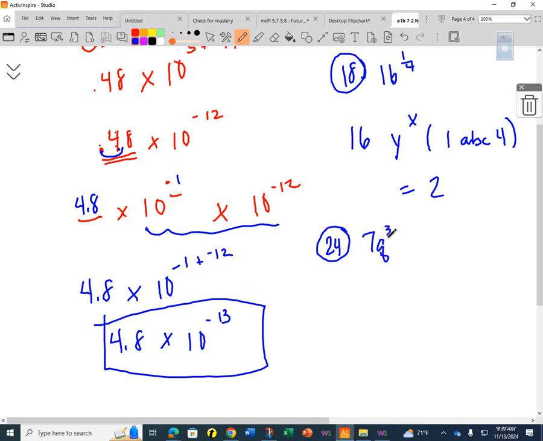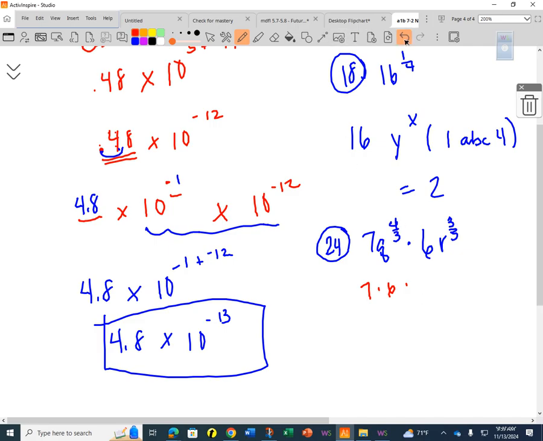7q to the 4/3 power times 6r to the 3/5 power. So we can rearrange this, 7 times 6 times, oh, I lied.